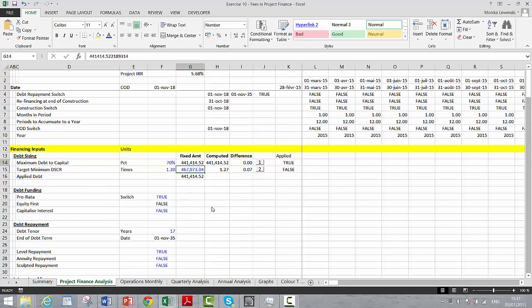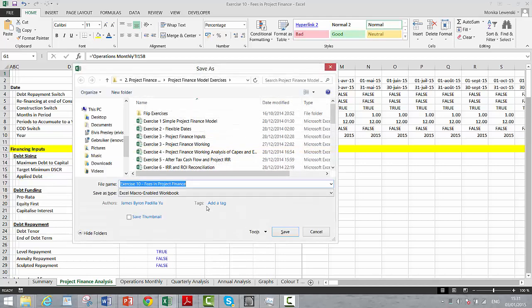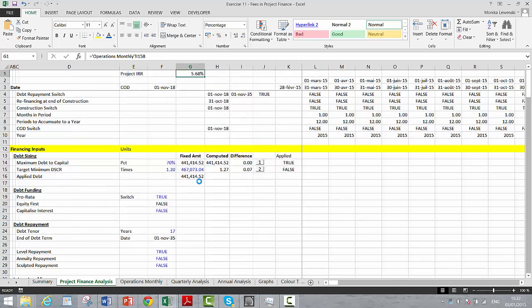Okay. This is exercise number 11, isn't it? And in this exercise, we're going to take the model we ended up with before, which had the debt sizing. It still doesn't have the functions in for the debt sizing.